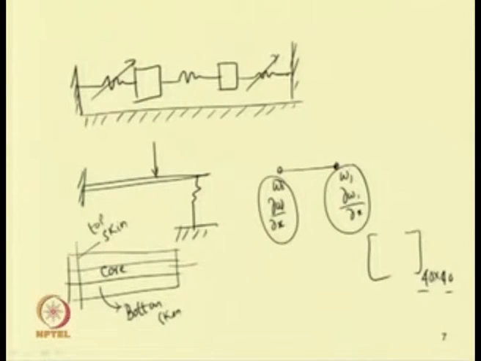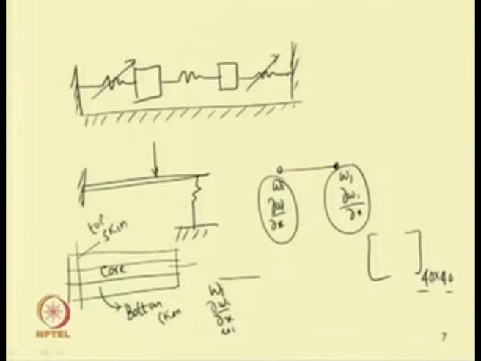So, when one is taking classical theory, for one element one can take W as the deflection, Wi as the deflection, then del W by del X as the slope. Then Ui is the axial displacement.